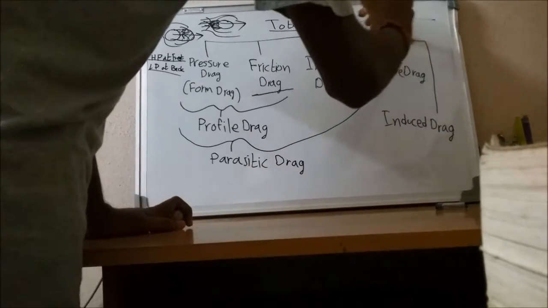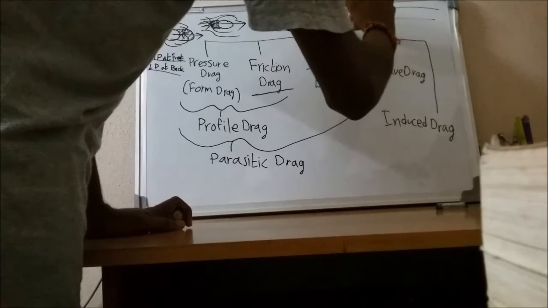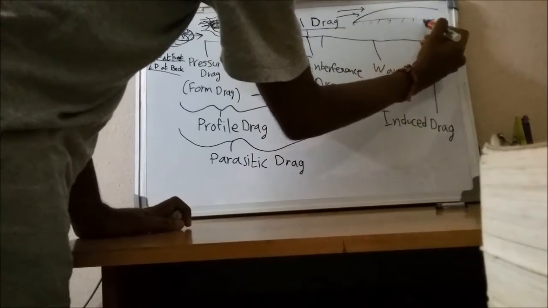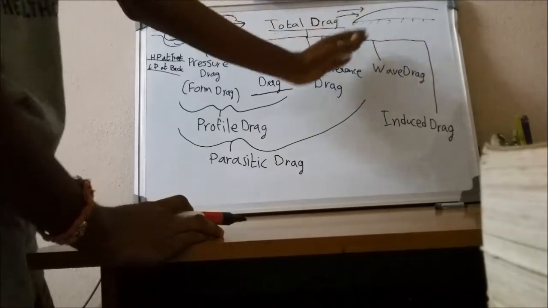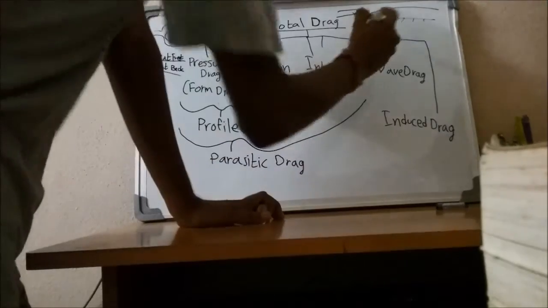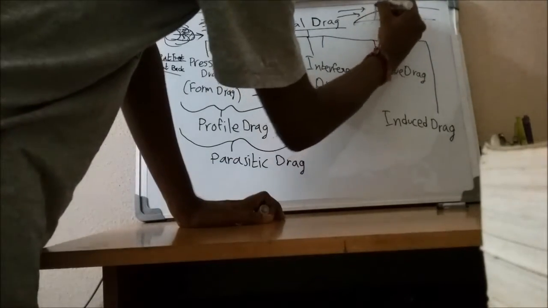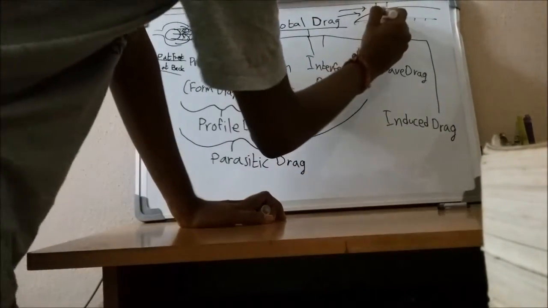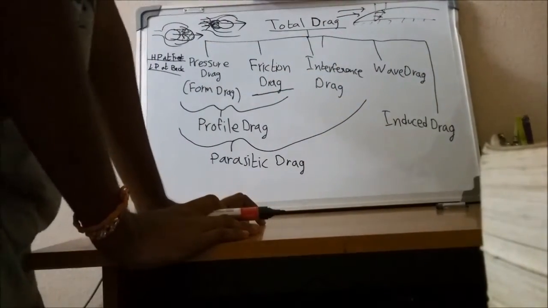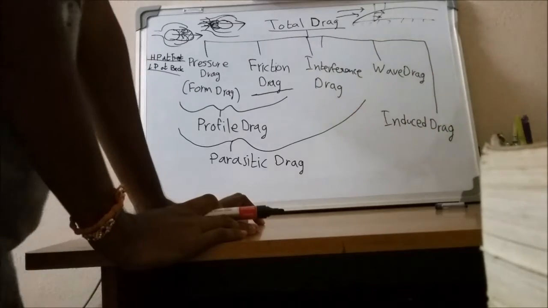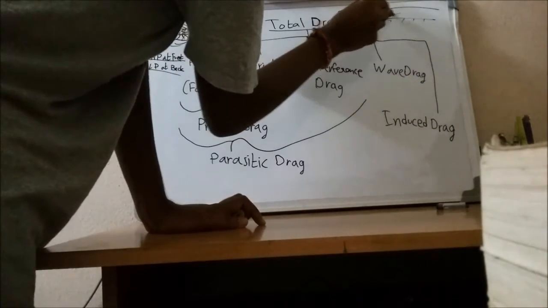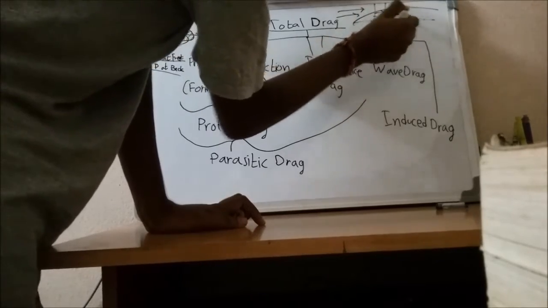So if the fluid is flowing and the object is stationary relative to the moving fluid, then you will have some boundary layer being developed. So you will have slow moving fluid. This slow moving fluid tries to create some kind of frictional force on the surface of this object.